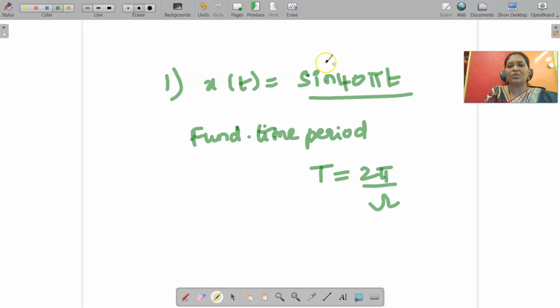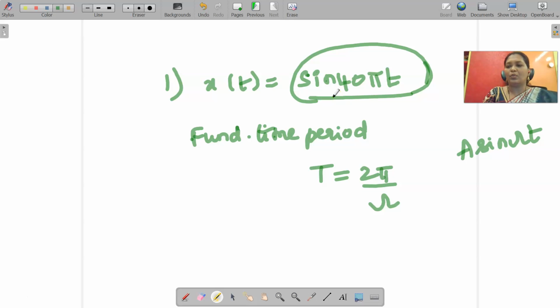A simple sinusoidal signal is represented by A sin omega t. When we observe this signal, A is nothing but 1. Omega is nothing but t's coefficient. Here, what is t's coefficient? It is 45.